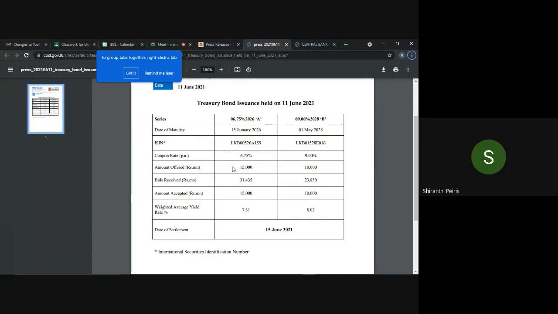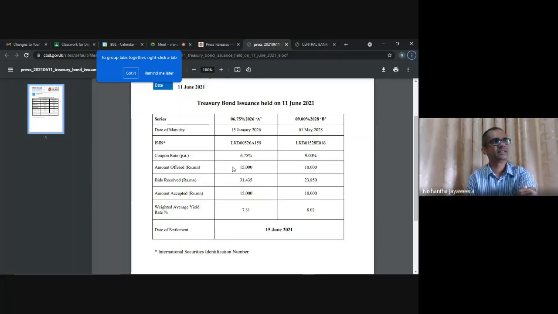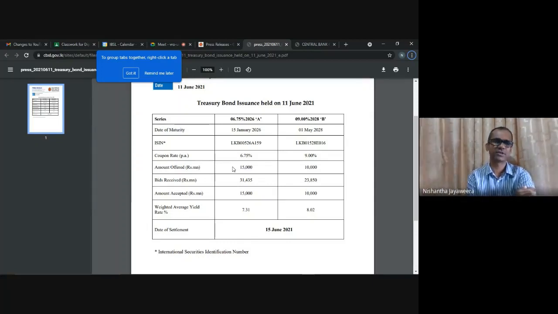So I think when we do the bid, we offer the bid price, not the yield, because when we see the result sheet, we can see only the bid price, not the yield. Yes, in the sheet it can be price or either way. I'm not sure, I have to check.